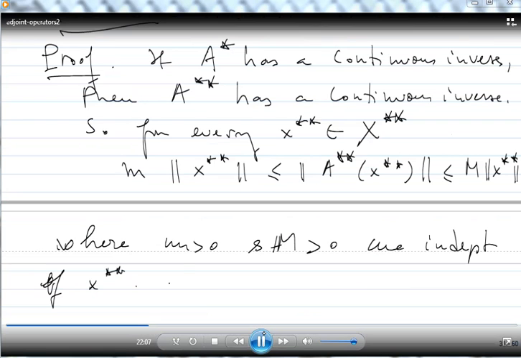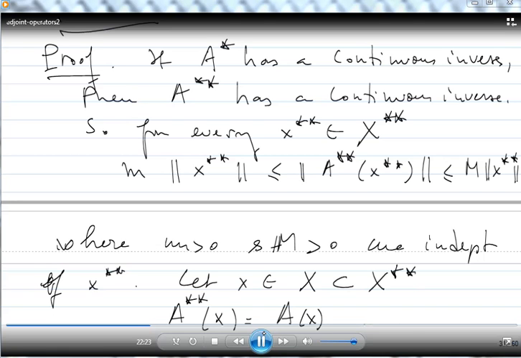So now, let x belong to capital X, and look at capital X as a subspace of X double star. We know that A double star of x is exactly A of x.